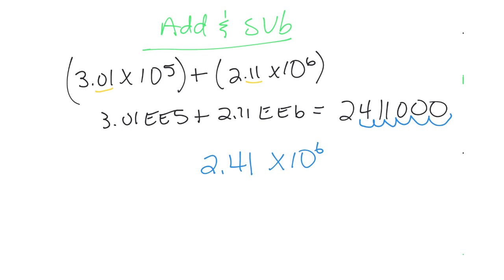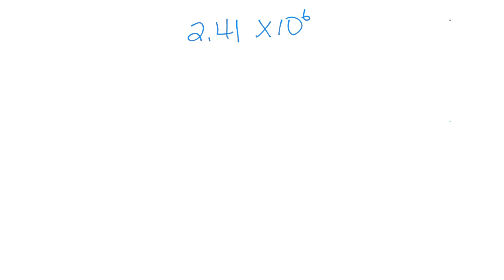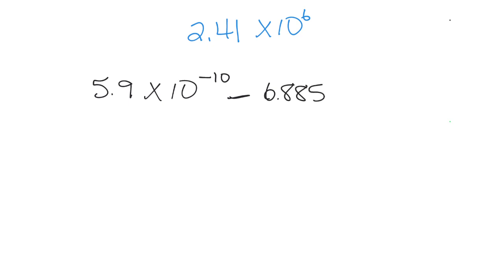Let's try another one. So let me move the screen up a little bit. So let's do 5.9 times 10 to the negative 10th minus 6.885 times 10 to the negative 7.